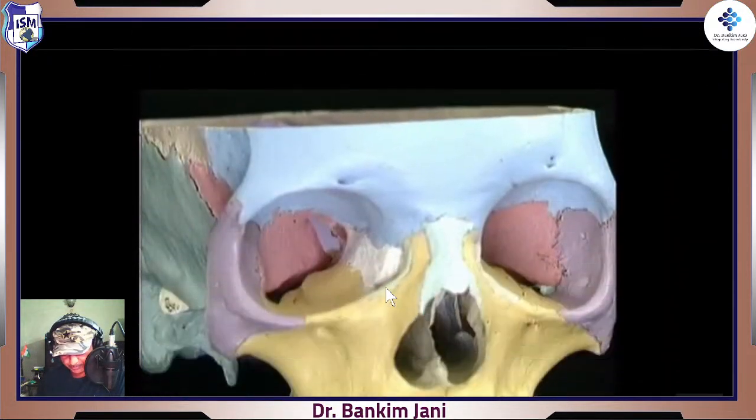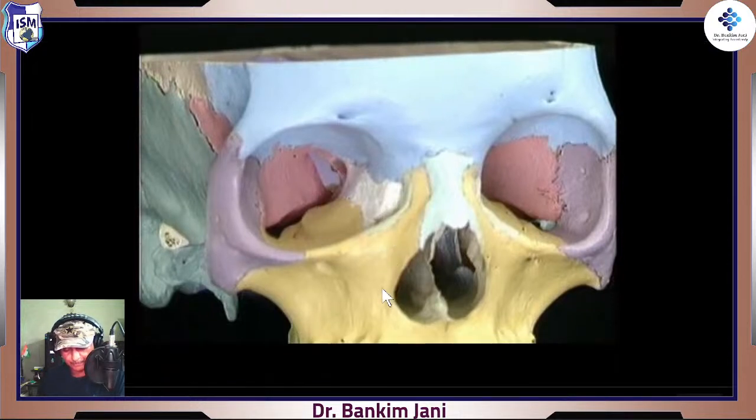So let's see them. Here it is. See, right? This is the inferior orbital fissure between sphenoid and maxilla, and this is the superior orbital fissure. The superior orbital fissure is between the bigger brother and the younger brother, greater wing and lesser wing, and here it is, the impressive optical canal, right?